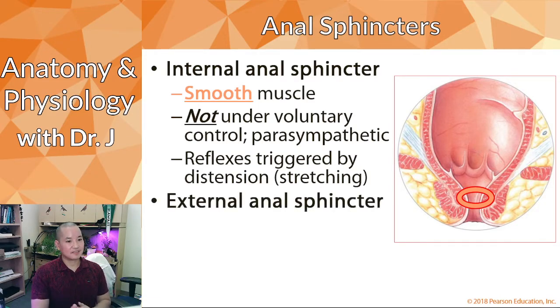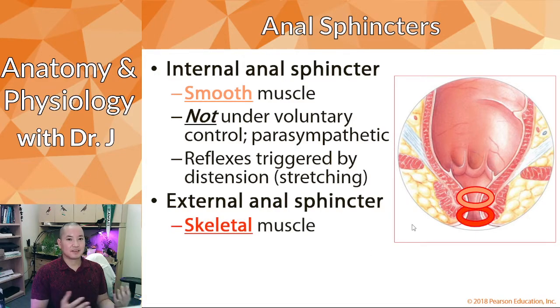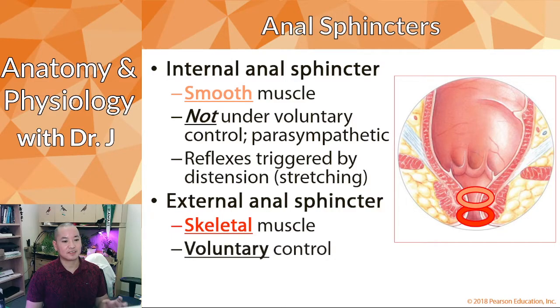But thankfully you have the external anal sphincter, because again, do you want anything that just ends up there being released without you controlling it? So you want control at the last minute. So you have the external anal sphincter, and even though we talk about a skeletal muscle, is this anchored to a bone like a typical joint? No, this is talking about skeletal muscle in terms of being innervated by nerve fibers, so that you have voluntary control.